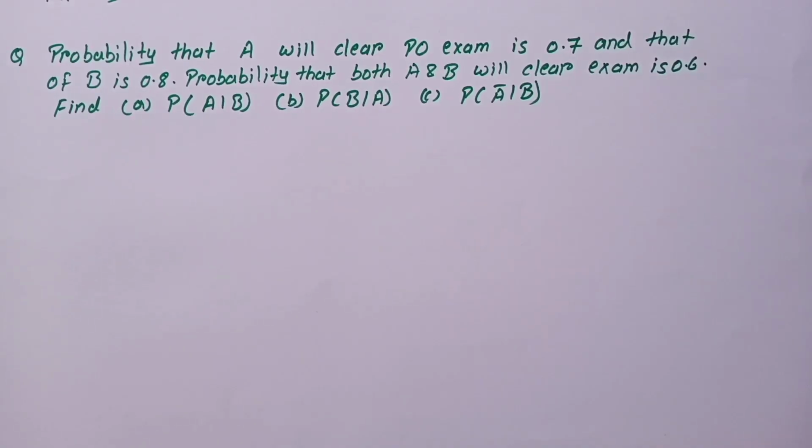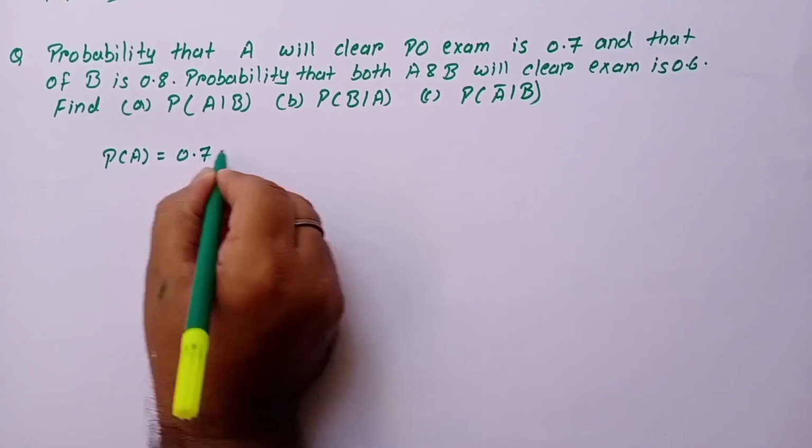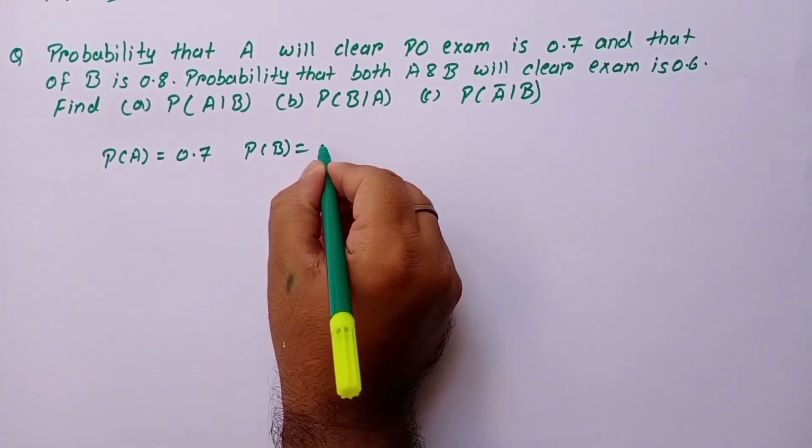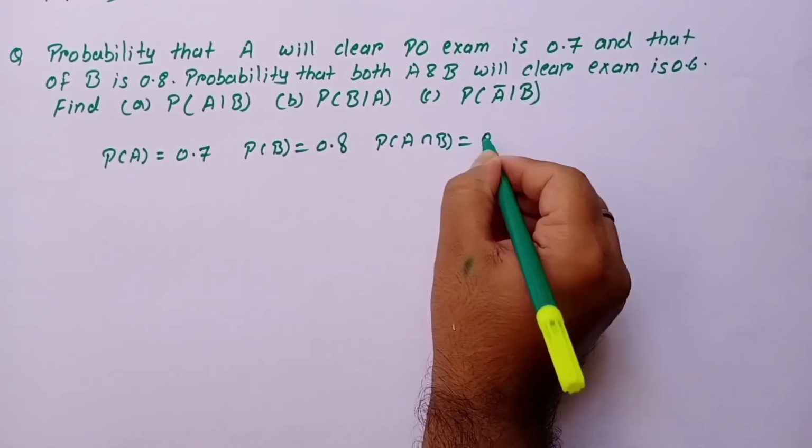Let's solve the next problem. The probability that A will clear a PO exam is 0.7 and that of B is 0.8. The probability that both A and B will clear the exam is 0.6. Now we have to find the probability of A given B, the probability of B given A, and the probability of A complement under B. In this question, the probability of A is 0.7, the probability of B is 0.8, and the probability of A and B is 0.6.